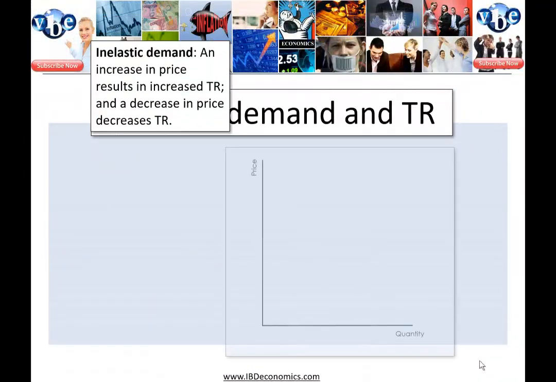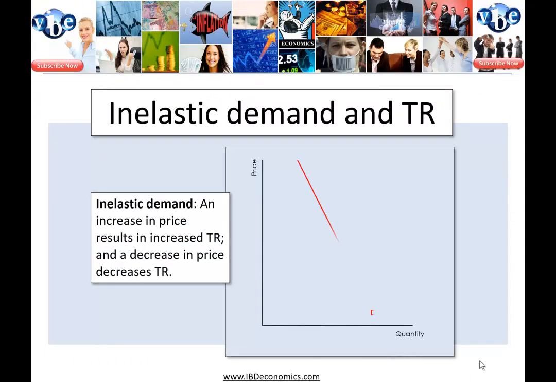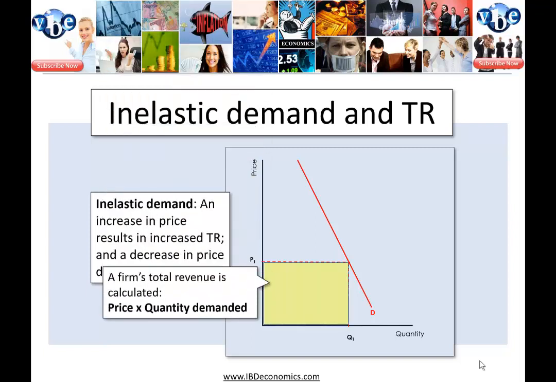On the other hand, with inelastic demand, the opposite holds. An increase in price results in increased total revenue, and a decrease in price will result in decreased total revenue. So here we are at our initial price point, P1, resulting in quantity demanded of Q1.